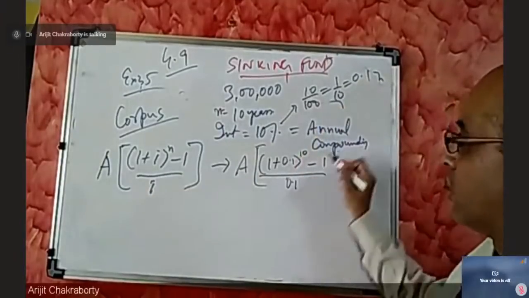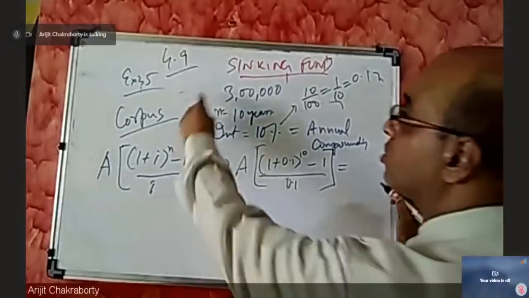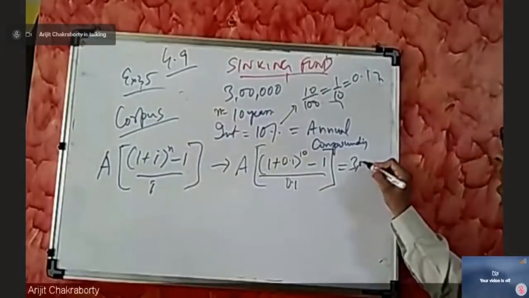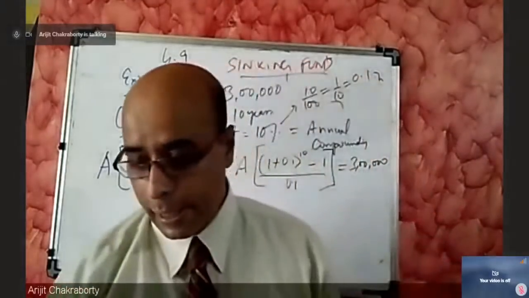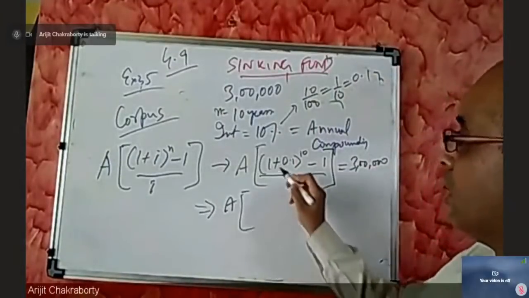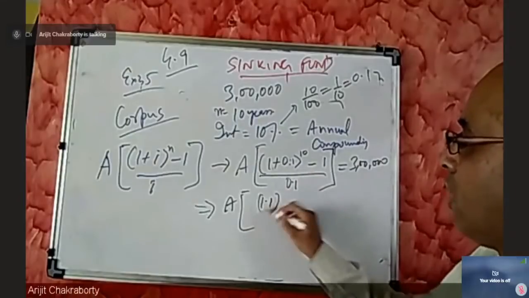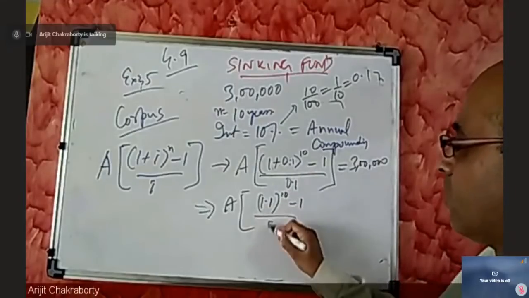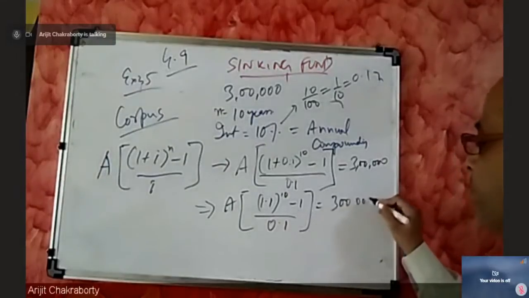So again 0.1. This is equal to 3 lakhs. So 3 lakh, 300,000. So if you simplify, it comes to like this. A into 1.1 to the power 10 minus 1 divided by 0.1 is equal to 3 lakhs.